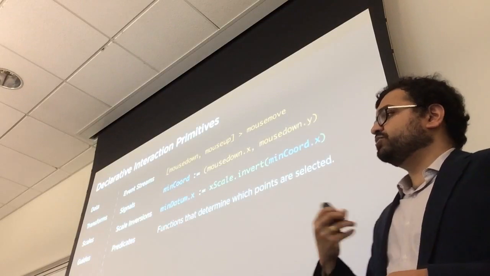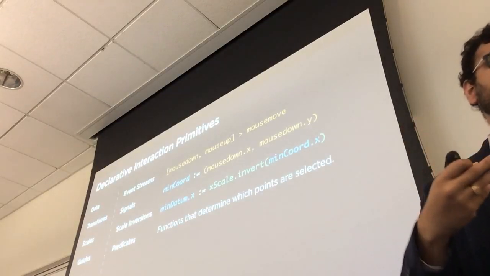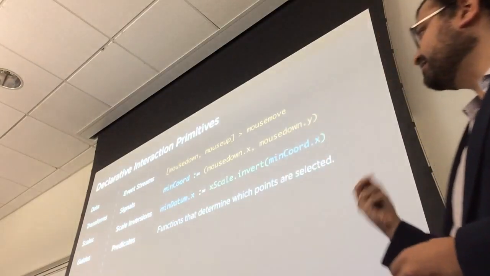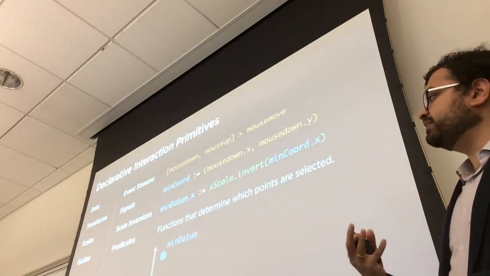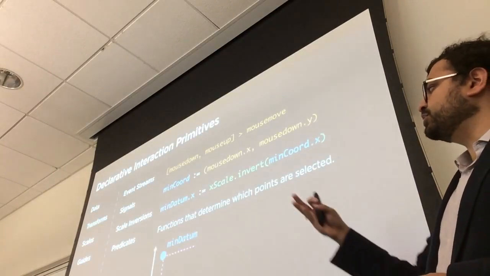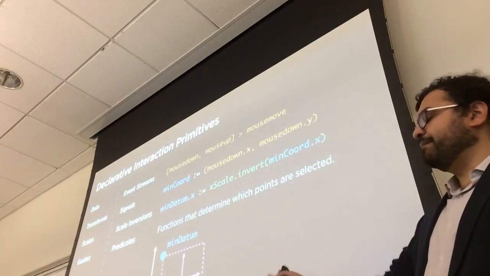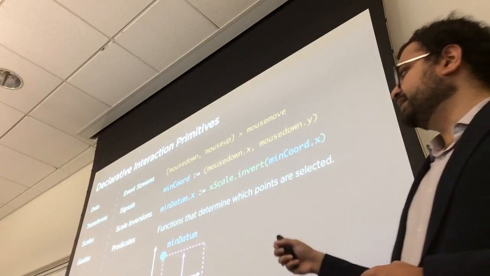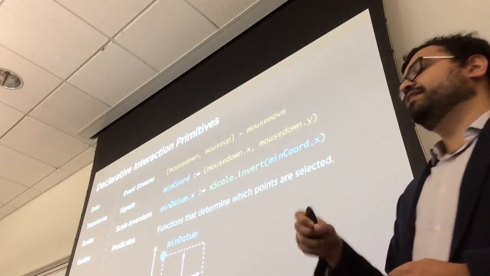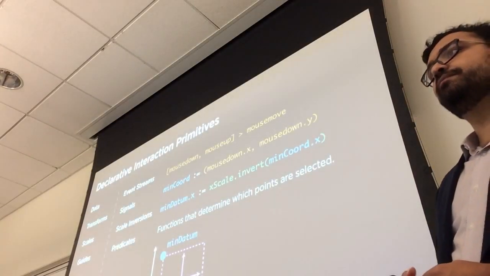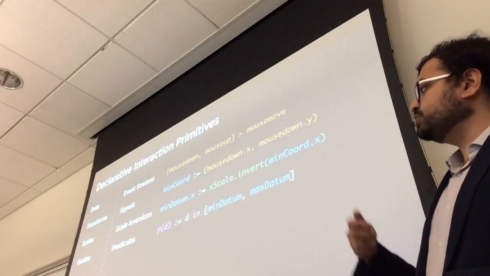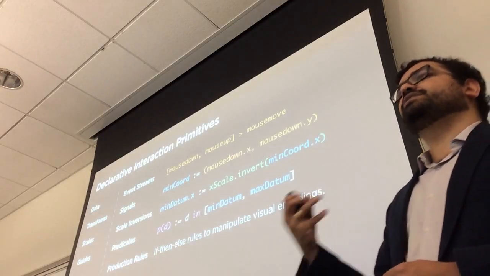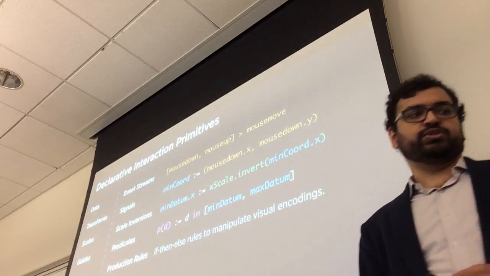The next step is to really start to build out our interactive queries. And those are through these predicate functions. And they're just simple Boolean functions that return true or false. So you can imagine if we had a min and max datum signal, a predicate function might give us the ability to sort of select points that fall within that range. And then the final step is to use predicates to drive some visual change to our visualization.